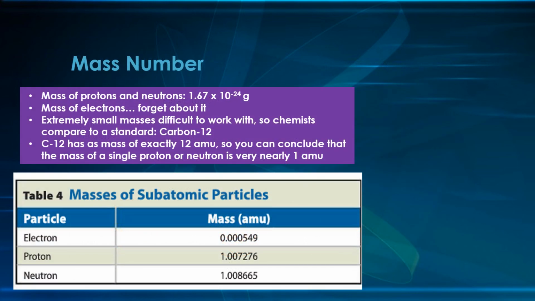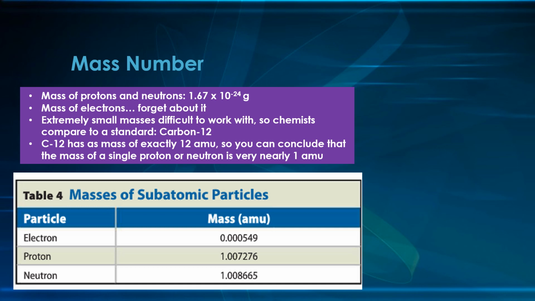Mass number. Mass of protons and neutrons is about 1.67 times 10 to the negative 24th grams, i.e. very, very small. Mass of electrons, forget about it. Even smaller than that, too many zeros in front of that number to even count. Extremely small masses are really difficult to work with, so chemists compare it to a standard. We call that standard carbon-12. Carbon-12 has 6 protons, 6 neutrons, and 6 electrons.